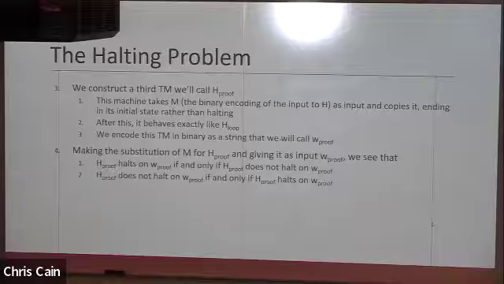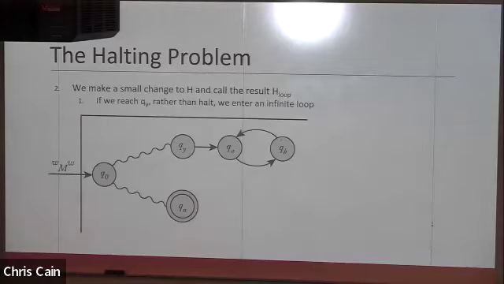And I feel like I never do this justice, which is why I want to have a video that actually explains this. All we've done is take this idea that if the answer is yes, then we go into an infinite loop, and if the answer is no, we can answer that. Now we take this machine and a string that looks like this, and we feed it into the machine.